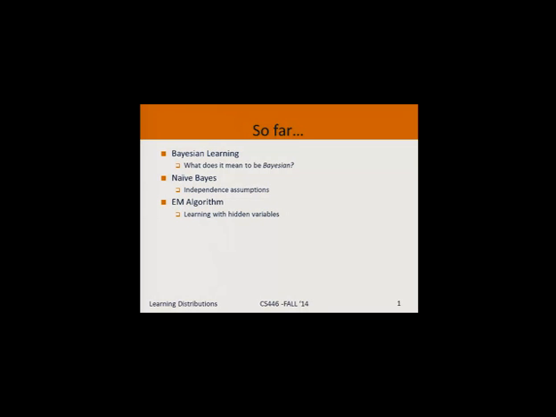We talked about Bayesian learning. We talked about what it means for us to be Bayesian, and about the fact that we have the flexibility of deciding what we want to be Bayesian about, whether it is the set of parameters or the class of functions, and these are different.